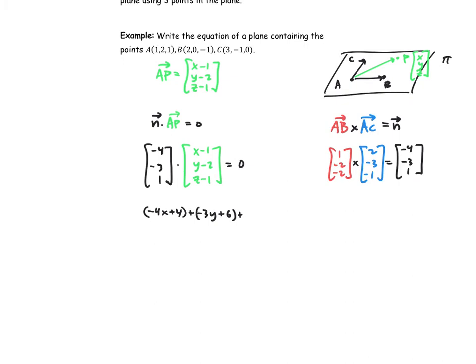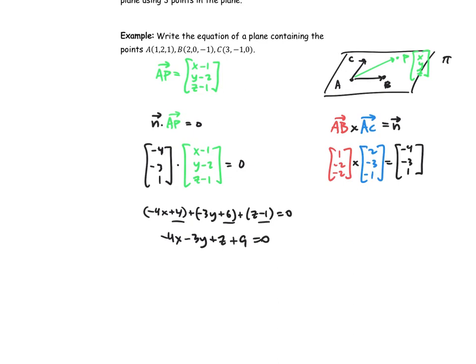You can start to see how the Cartesian equation of this plane is starting to form. Then I'm going to take 1 times z minus 1, which is z minus 1, and set that all equal to 0. Now I'm going to combine my like terms, so I get negative 4x minus 3y plus z, combining positive 4, positive 6, and a negative 1, I get a positive 9.